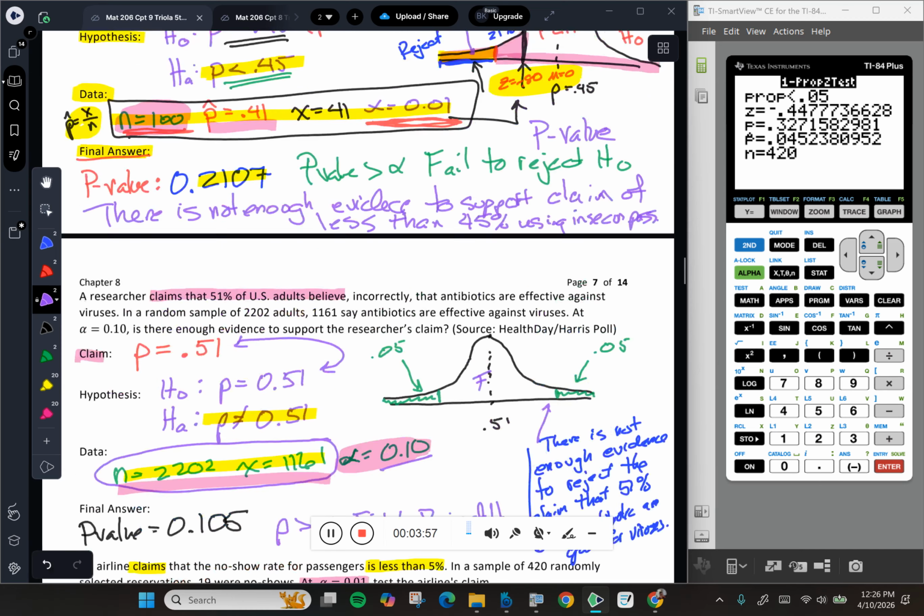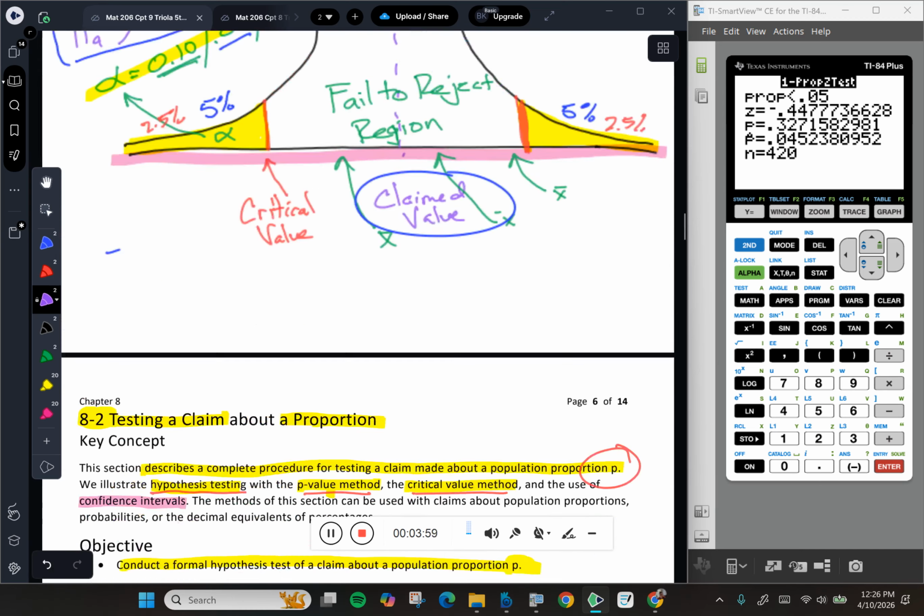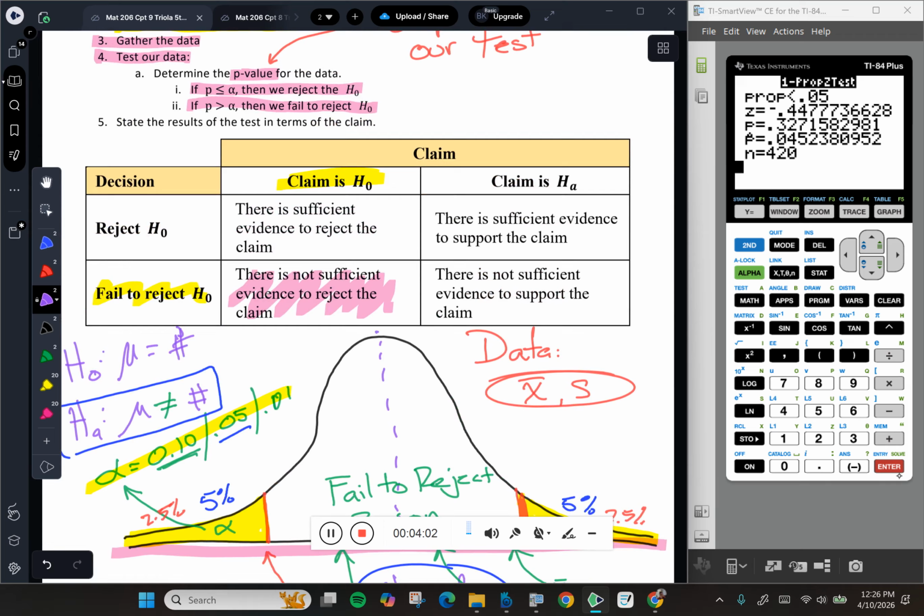Remember, the claim was the alternate here. So I'm going to go back to my table. The data said fail to reject, and the claim was the alternate. So we would say there is not enough evidence to support the claim.